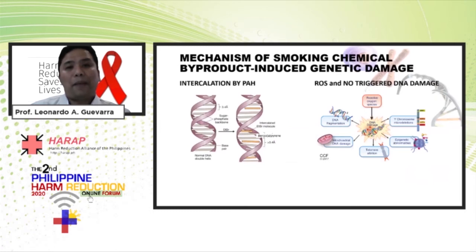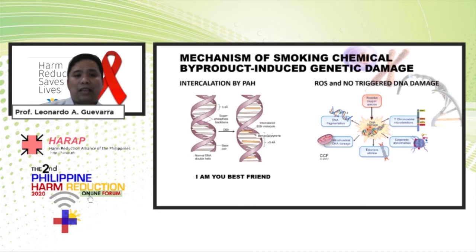So what happens is these polyaromatic hydrocarbons intercalate into your DNA. Another component which triggers carcinogenesis is the reactive oxygen species and the nitrogen monoxide, which trigger DNA damage, causing the DNA to be cut and eliminating some portions of your DNA.